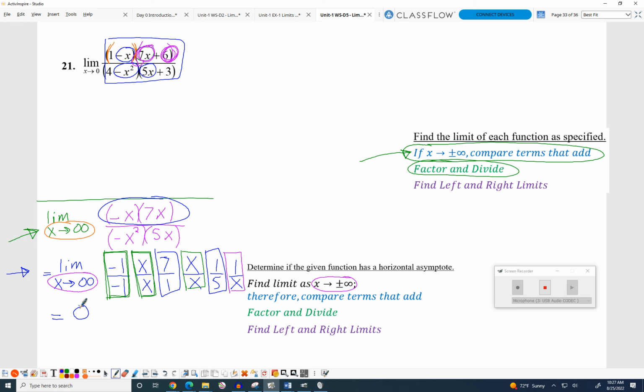Questions? As x approaches negative infinity, the result is exactly the same. Because to get from here to here, when we're comparing power functions, remember, power functions compare the same whether they're positive infinity or negative infinity. So we get to this statement here either way.